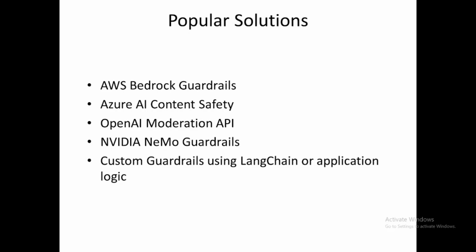Some popular solutions include AWS Bedrock Guardrails, Azure AI Content Safety, OpenAI Moderation API, NVIDIA NeMo Guardrails, or even you can use custom guardrails using LangChain or any kind of application logic. You can create your own custom guardrails based on your requirements and expectations. We'll explore each one in future videos.